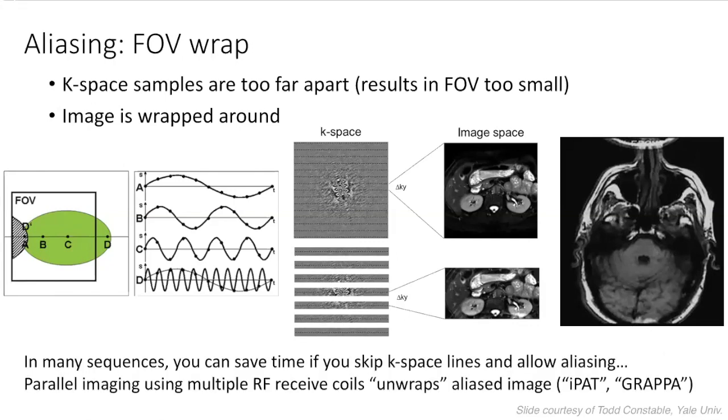In many sequences, you can save time if you skip K-space lines and allow aliasing, and then use parallel imaging with multiple receive coils to unwrap the aliased image. This is typically under the iPAT tab, and typically GRAPPA.